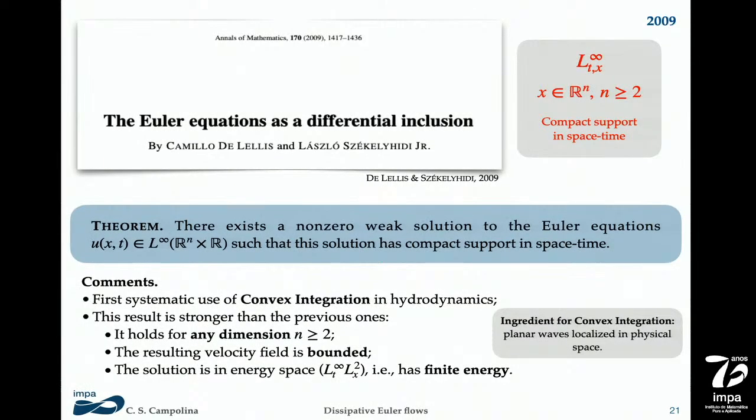And the solution is in energy space because it's in L infinity with compact support in time, so we can integrate the square of this object. So it has finite energy, which are very nice physical conditions we demand from the solutions.